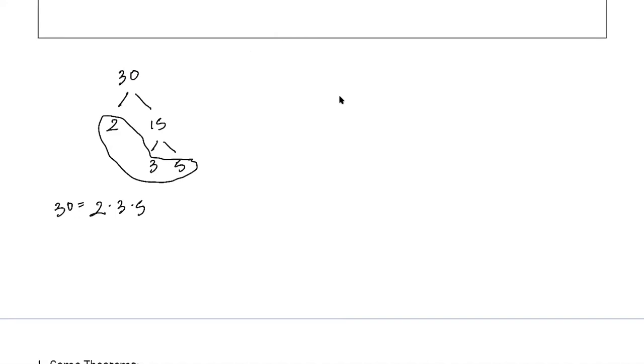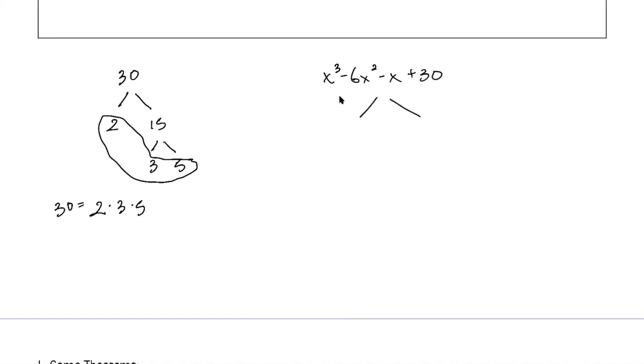As weird as it is, we're actually doing the same thing, but instead of numbers, we're doing it with polynomials. So we've got x cubed minus 6x squared minus x plus 30.